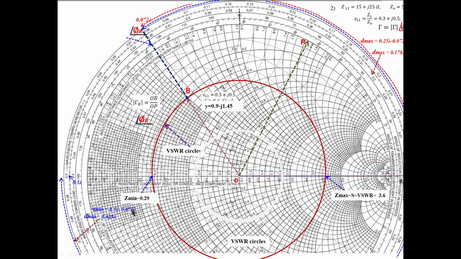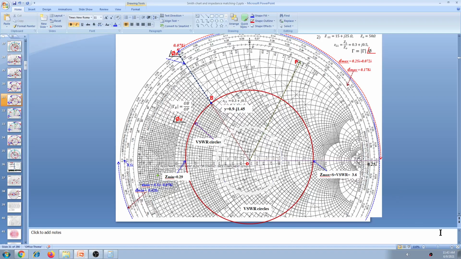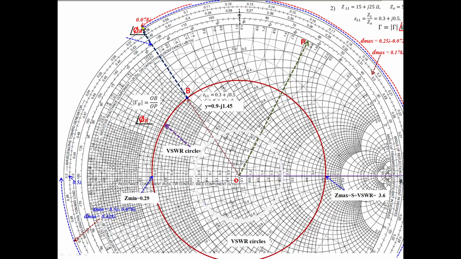Sorry, again I made a mistake here, we have to change it. This is 0.078, that is the distance here. So starting from 0.078 up to this, you minus from here, 0.5 lambda minus 0.078 lambda.